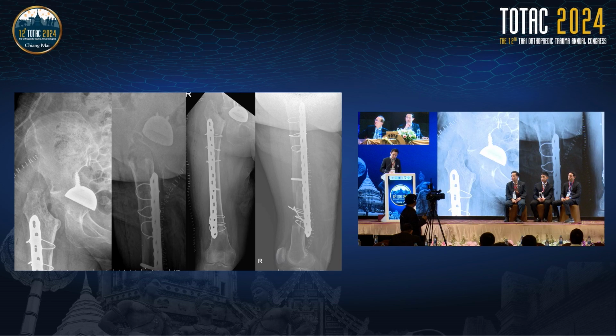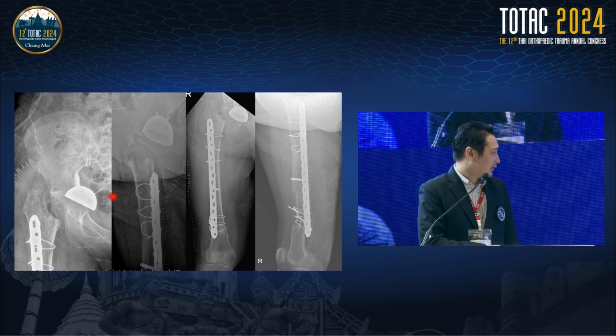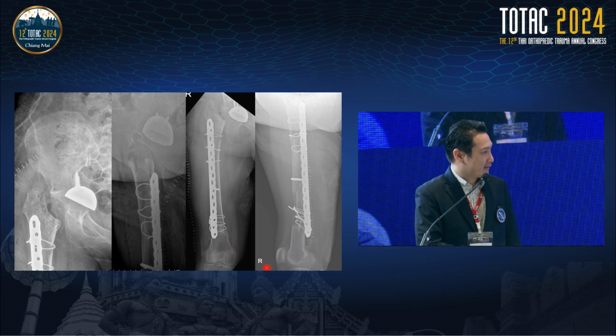Okay, so first, when I saw this patient, I discussed with the arthroplasty guy in my team. We think that the femoral fracture is around here, and also the distal shaft, and also comminuted in the middle shaft.